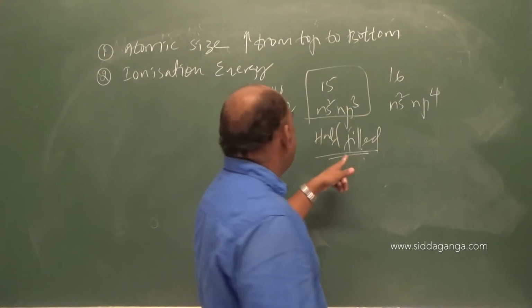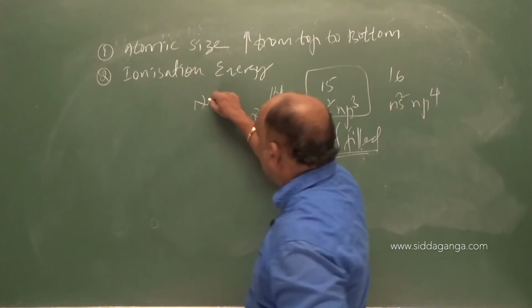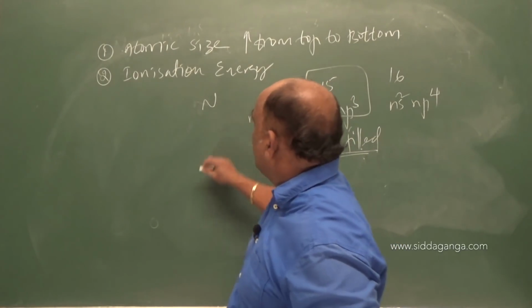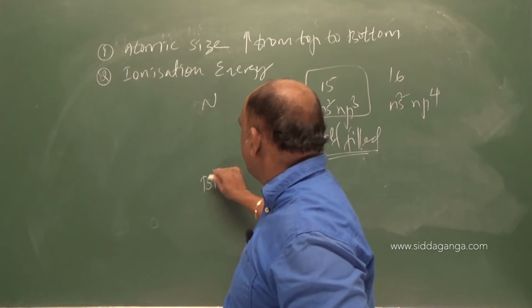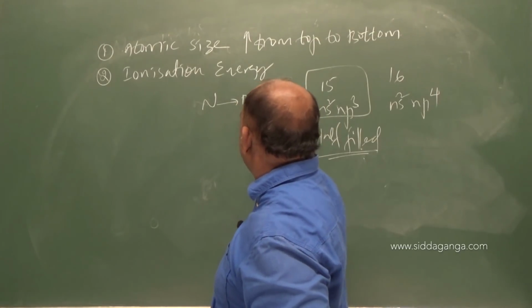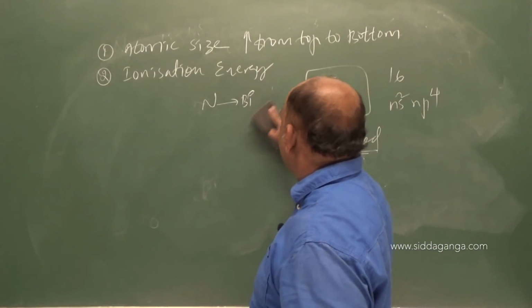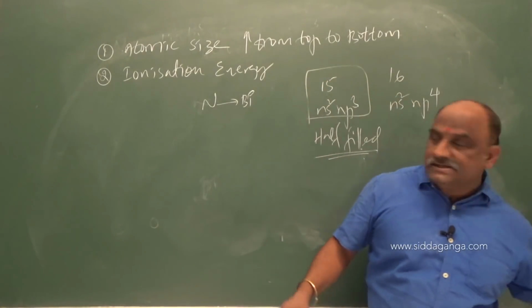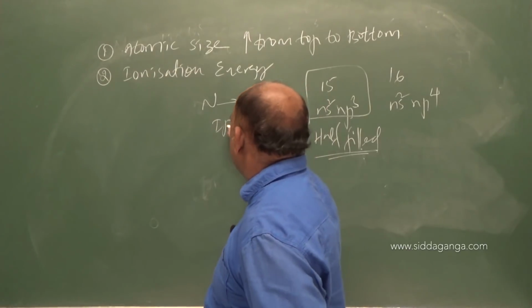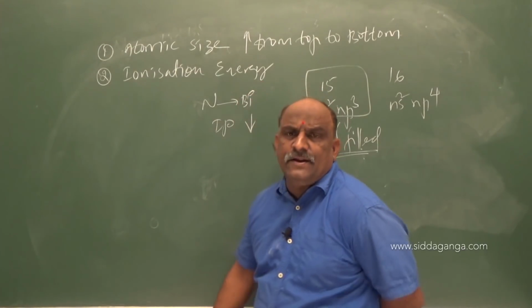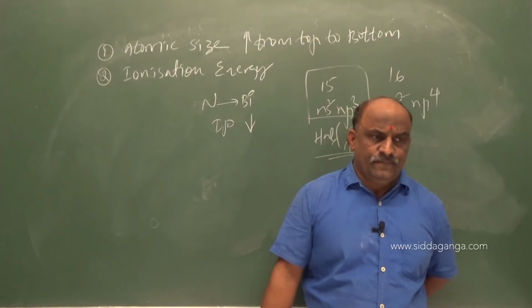What will be the regular trend from nitrogen to bismuth? The IP values decrease. Why do ionization potential values decrease?